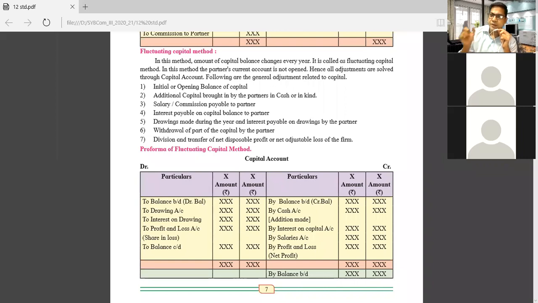Under the fluctuating capital method, we will prepare the capital account ledger, and these are some adjustments related to the capital account.